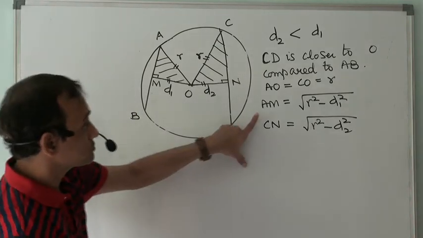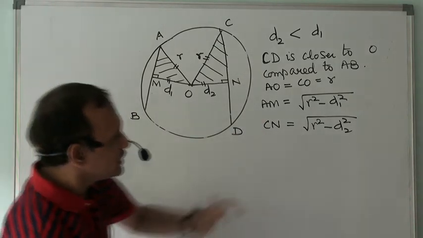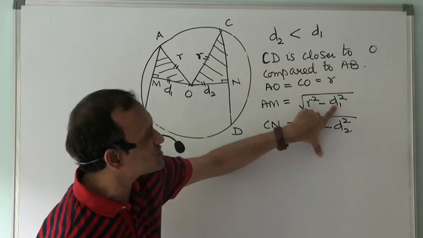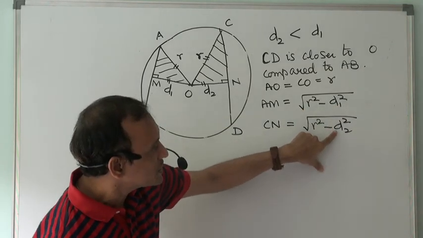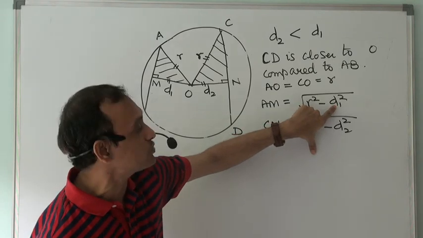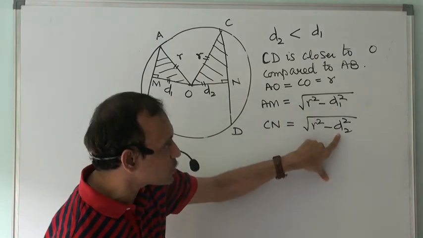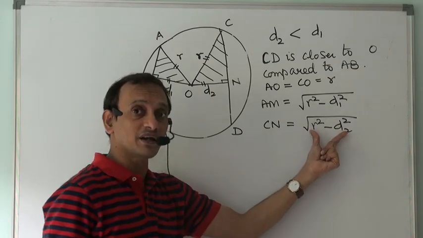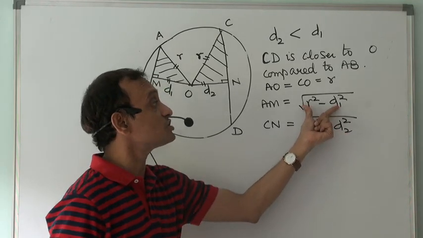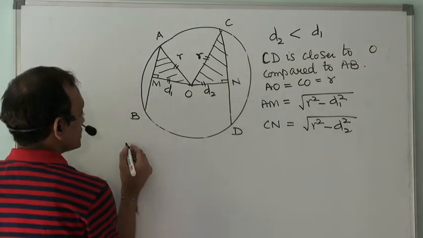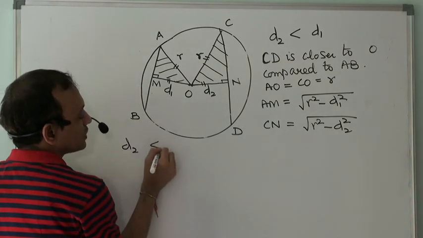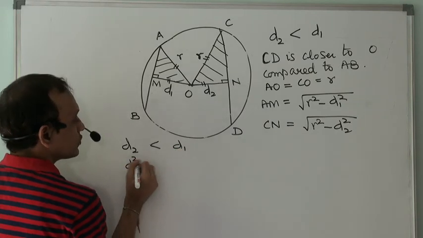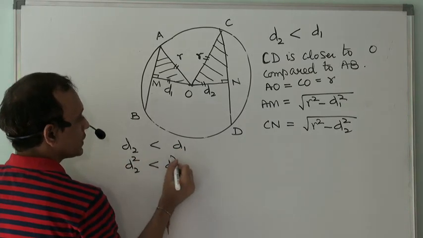Now which is larger, AM or CN? If d2 is smaller compared to d1, then d2 squared would be smaller compared to d1 squared.